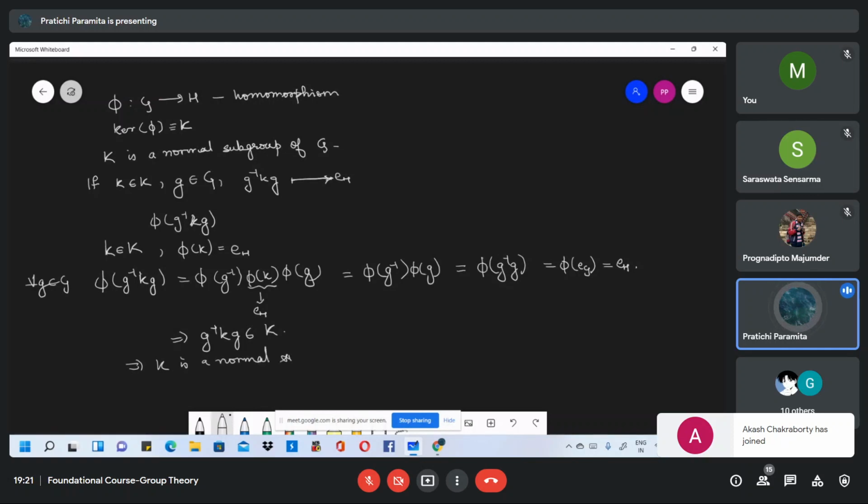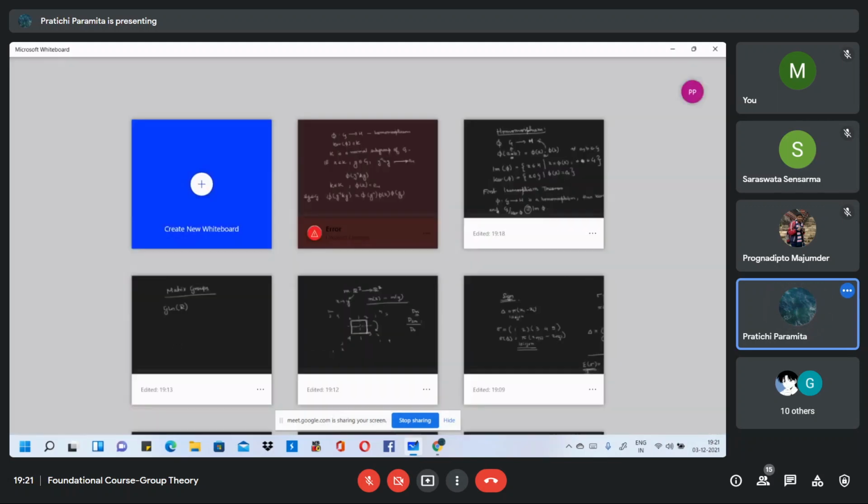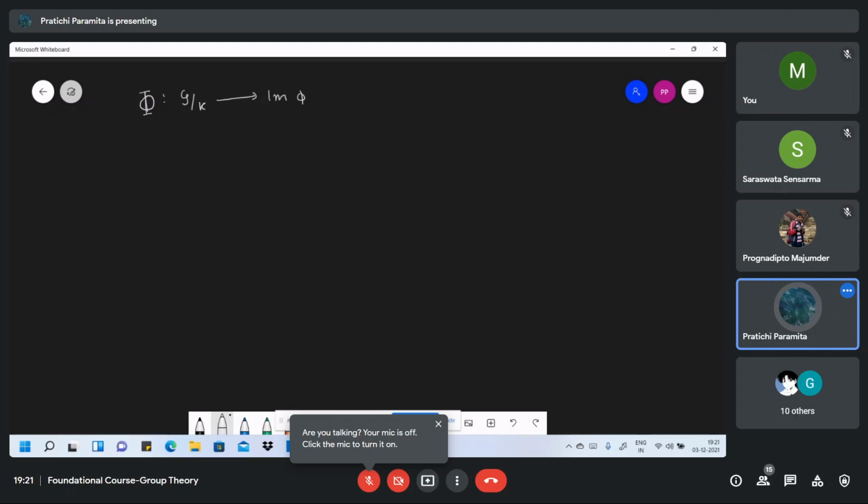So we are left to prove that G mod K is isomorphic to the image of phi. So let us take maybe capital phi from G mod K to image of phi.